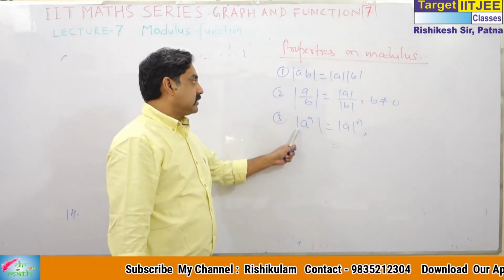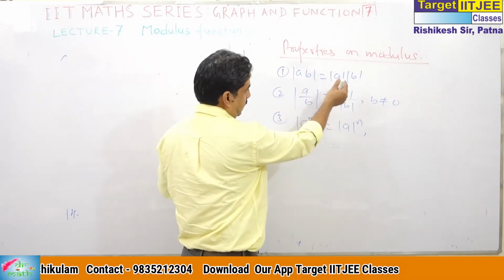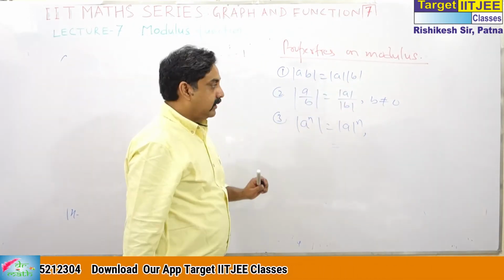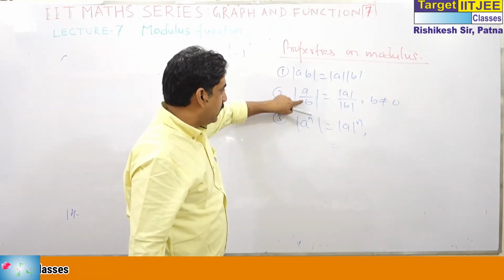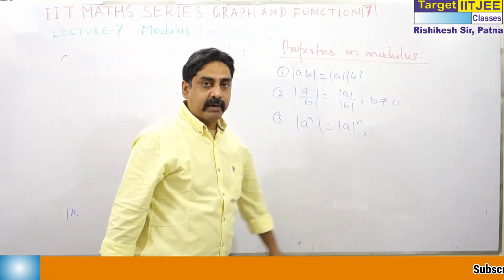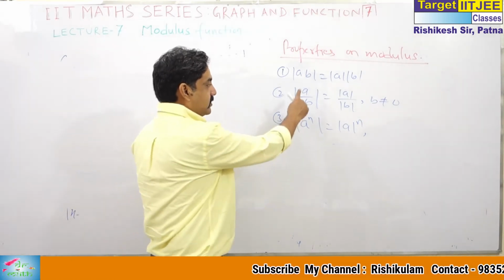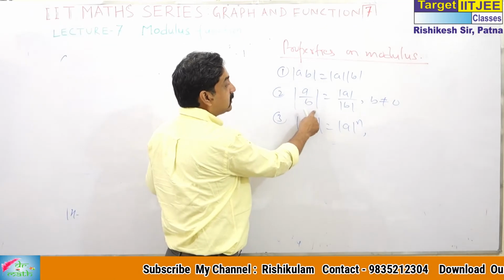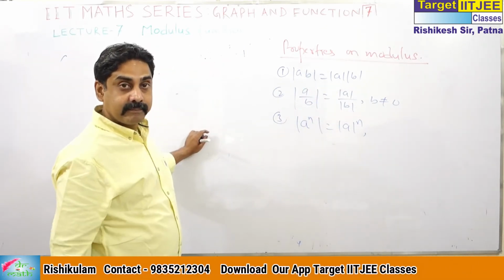These properties say we can multiply two quantities and take their modulus, or take modulus first then multiply. In multiplication, division and power, there is no problem. We can apply this property. Either first divide two quantities then take modulus, or take modulus then divide two quantities.